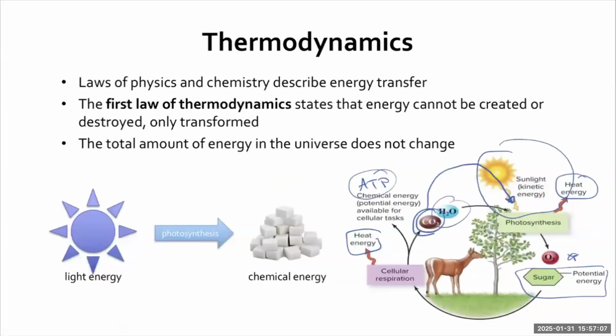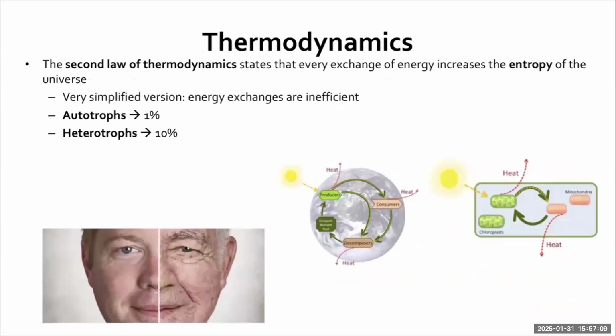And we saw that in this diagram, and we can see another representation of that here, both on a global scale as energy moves between different types of organisms, and, again, in a single plant cell that's doing cellular respiration and photosynthesis. As part of each of those reactions, energy is lost in the form of heat. This is an irreversible process. Cells can't use the energy that's been converted to heat.